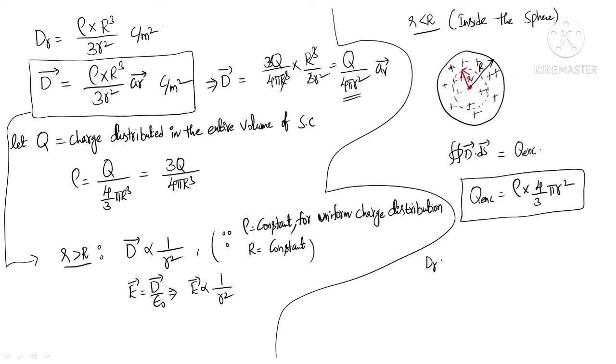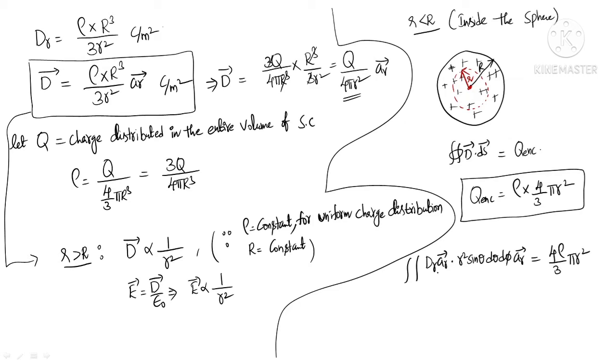You will have D r a r bar dot dS, which is nothing but r square sine theta d theta d phi a r bar, and it is given by the surface integral, equal to 4 rho by 3 pi small r square.